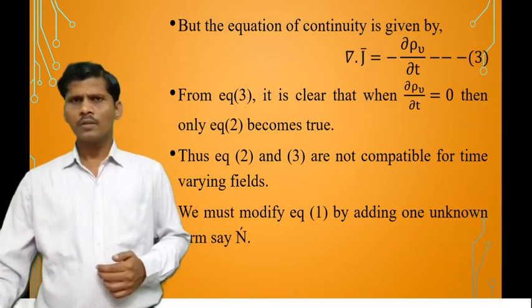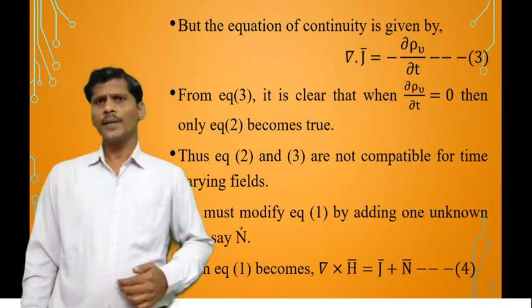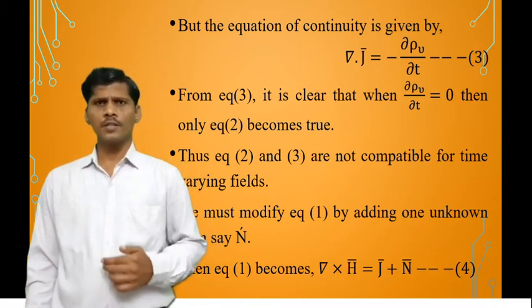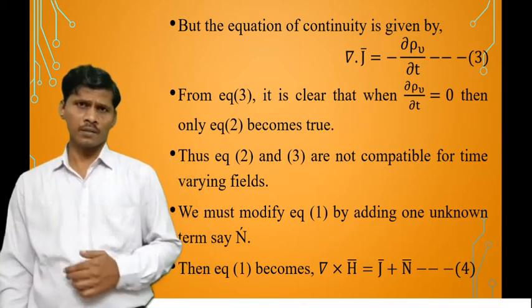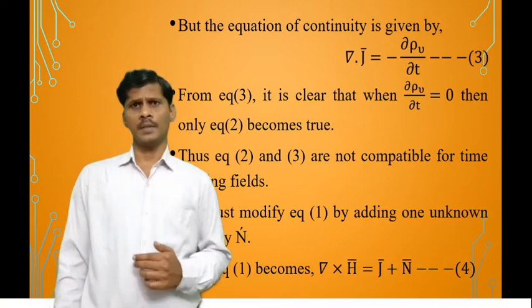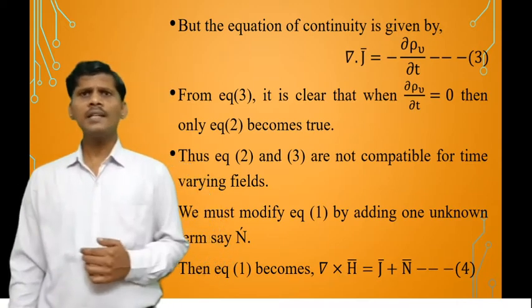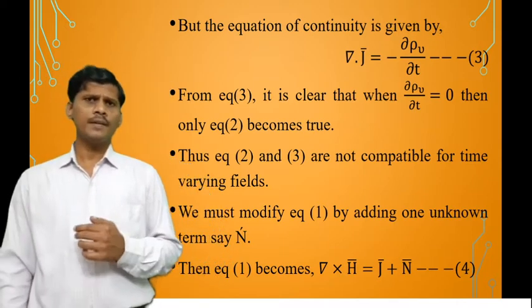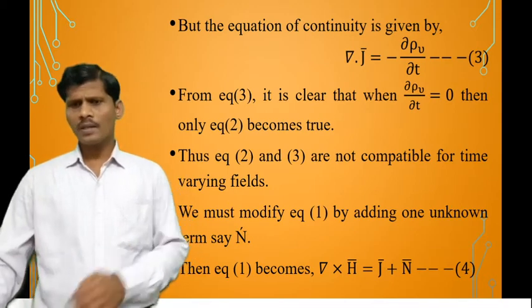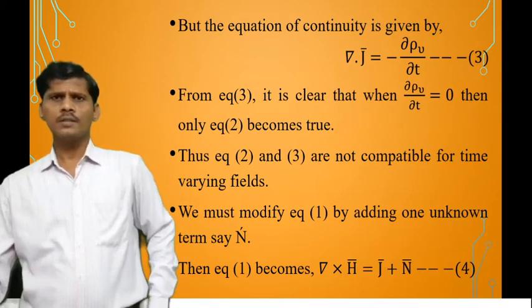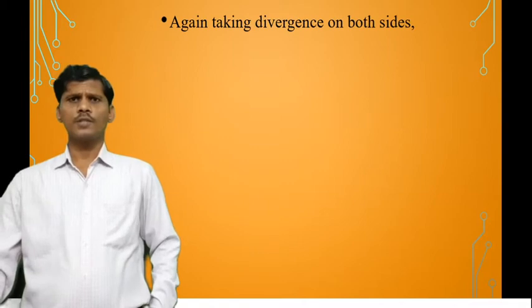Therefore, equation 1 can be modified as del cross H bar is equal to J bar plus N bar, where N bar is the unknown parameter. Calculate the unknown parameter N bar. In the same process, take the divergence on both sides.